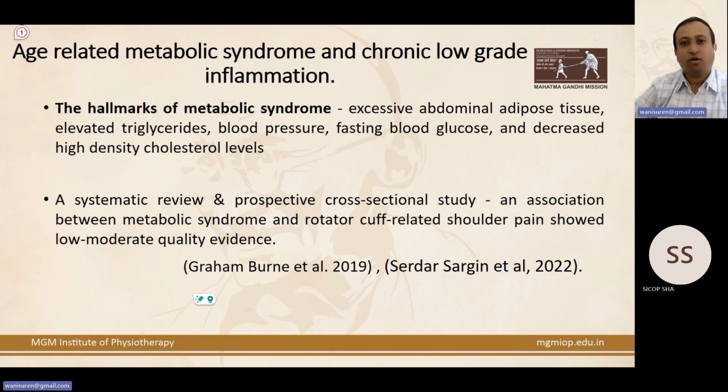This can be one of the causes for the development of adhesive capsulitis. A systematic review and a prospective cross-sectional study done by some authors have shown an association between age-related metabolic syndrome and rotator cuff related shoulder pain, and confirmed that there is a relation between the two.